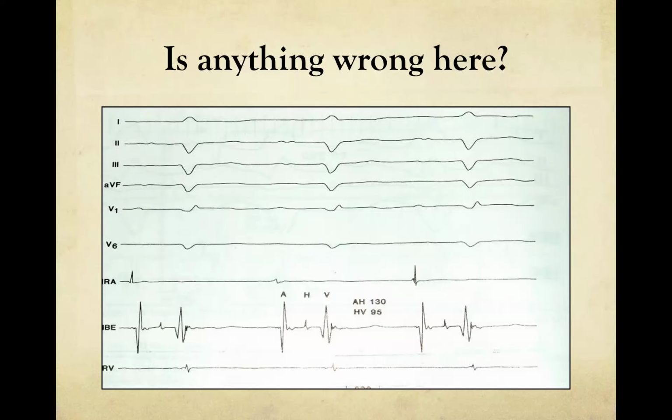That's correct. And again, when the AH is that long, you're right, it is at the upper limits of normal, but that's stretching it. So there's some kind of generalized conduction disorder in this patient. I'm not sure what the etiology was in this particular case, but I would say borderline AV node disease, definitely infrahisian conduction disease.